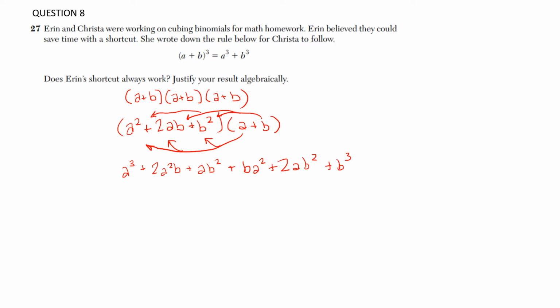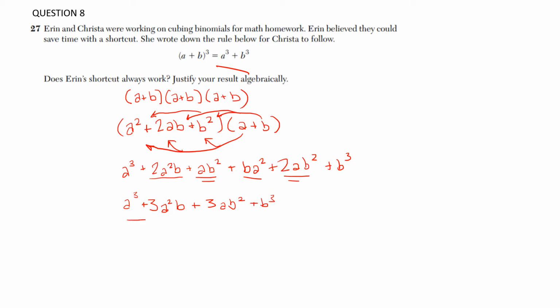And now we can simply combine like terms to see if this reflects Erin's shortcut. So it looks like we have an a squared b here, we have an a squared b here as well. Let's write a cubed first, plus we now have 3a squared b's, plus now we have a b squared here and an ab squared here, which adds to 3, plus b cubed.